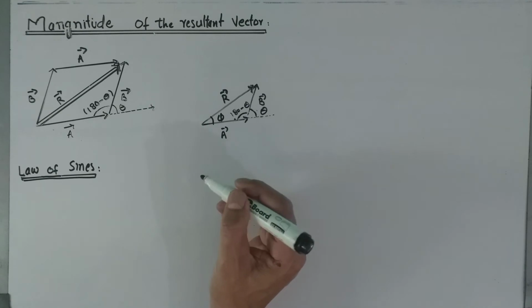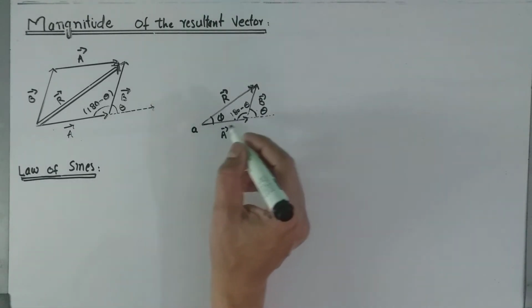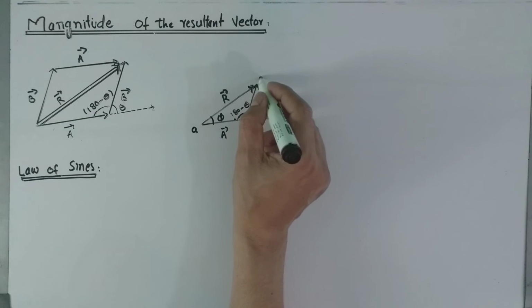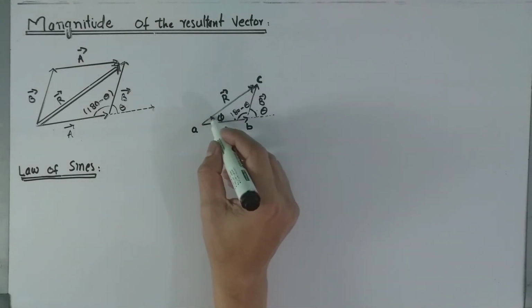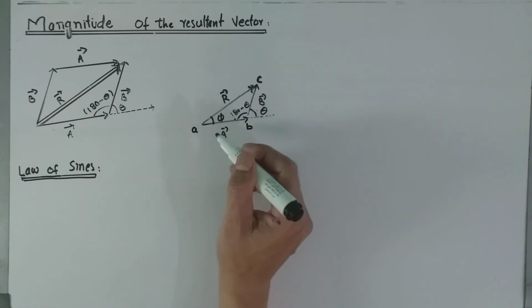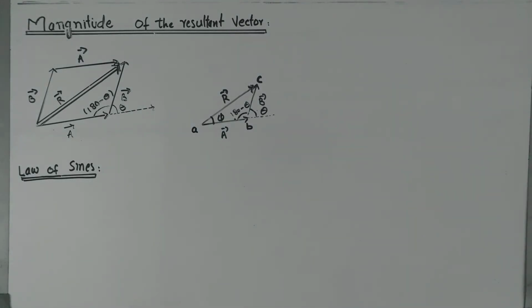Let me label this triangle: this is A, this is B, and this is C. If we need to find this angle, we will use the law of sine.